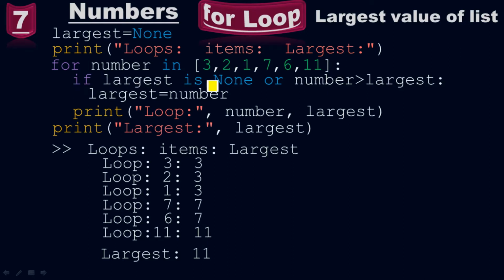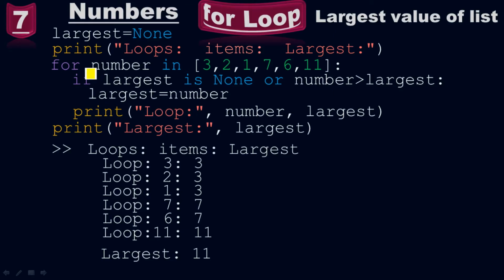Now, if largest is none or number is greater than largest, then largest equals to number. Look at here. What this expression says is that if largest is none, it is pointing towards the initial stage. If largest is none, or the number is greater than largest, then largest equals to number.